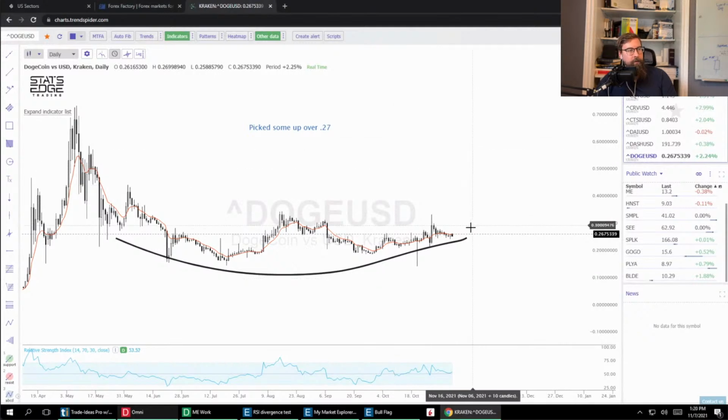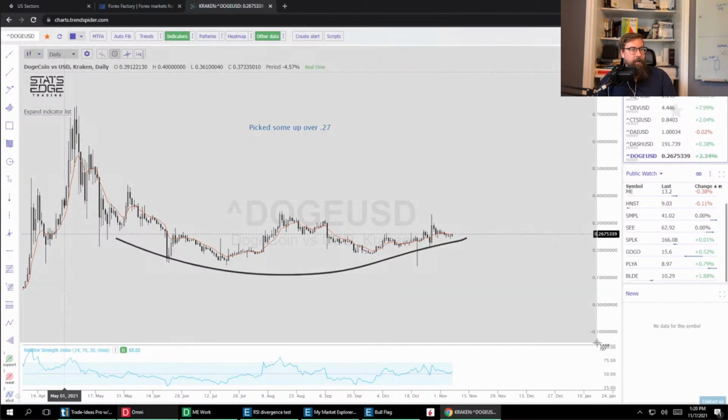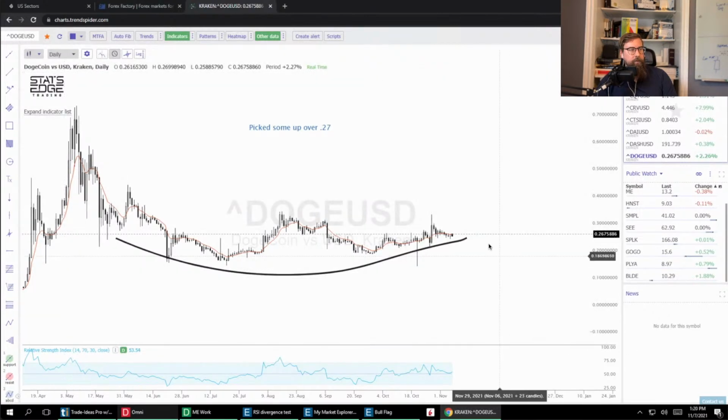If Doge ever gets going, you could very easily pop to 4, which would be these prior highs right here. So I still kind of like Doge over 27 cents, and you can stop it at 25.